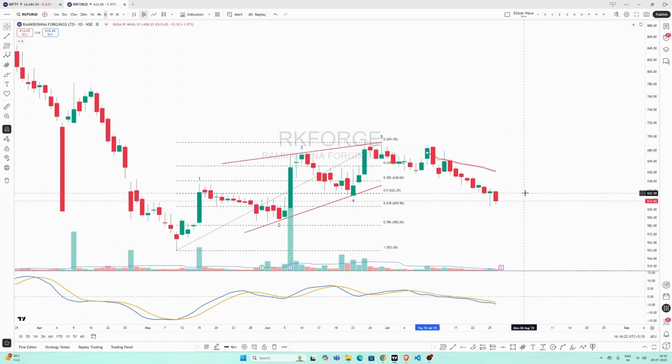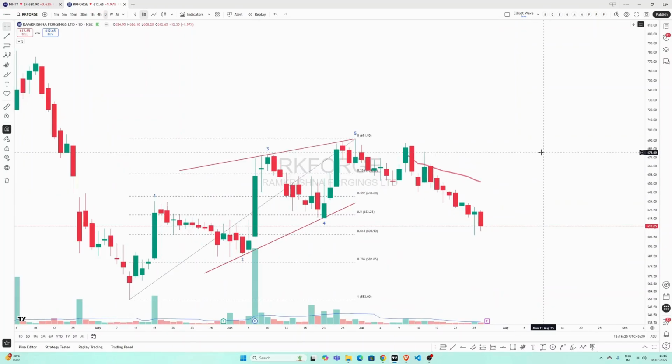And finally, and probably the most important thing, how do you determine the target for wave 3? For that, we know that wave 3 is typically at least equal to wave 1, more often than not. At times it is 1.6 times, sometimes 2.6 times, sometimes 3.6 times.